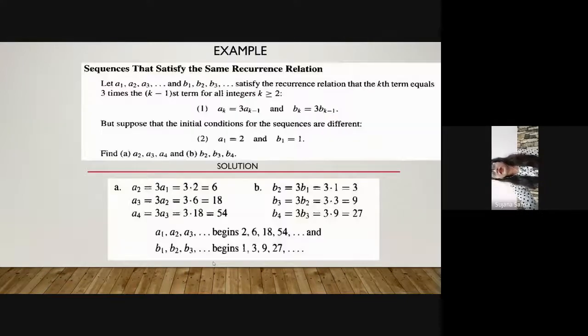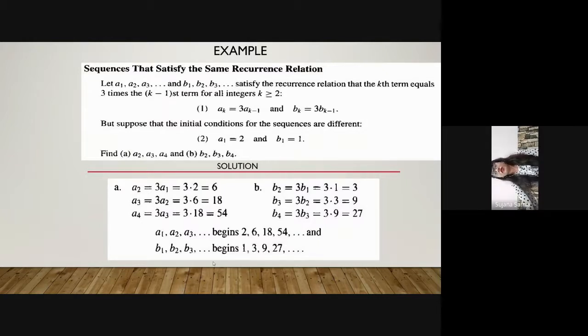Next, there is an example. Let the sequences have the same recurrence relation. Let a1, a2, a3 and b1, b2, b3, with two initial conditions and two recurrence relations: ak is equal to 3 times ak minus 1, and bk is equal to 3 times bk minus 1. The initial conditions are a1 is equal to 2 and b1 is equal to 1.